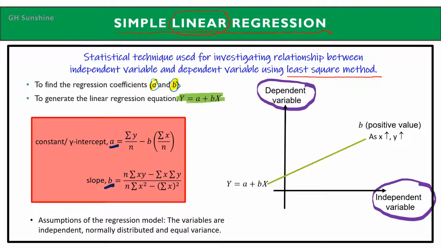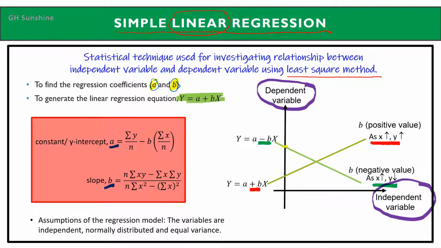Here the B value is positive, which means that as X increases, Y increases. Second, maybe you will get Y equals A minus BX. The minus here means that as X increases, Y decreases. Okay, so next look at here.